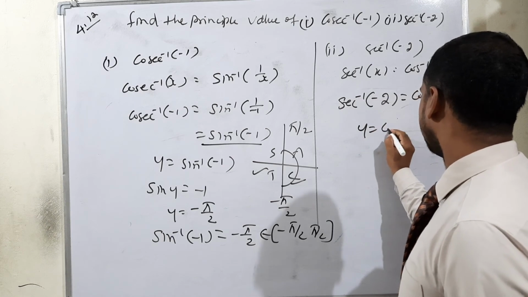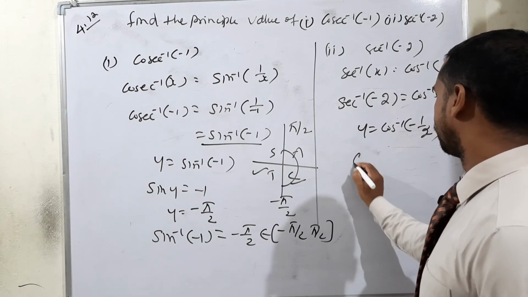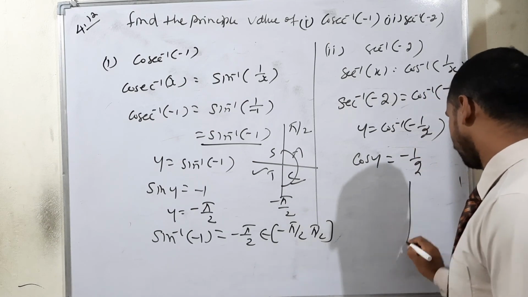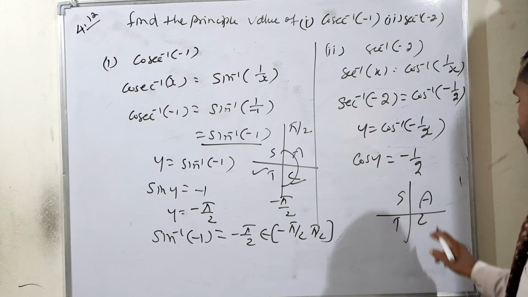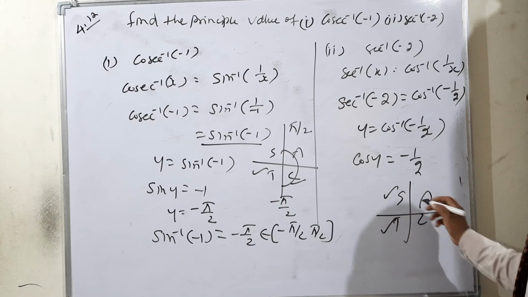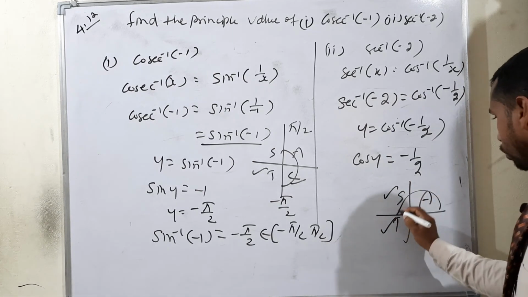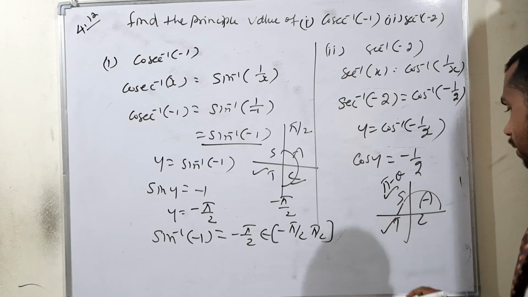Consider y equal to cos inverse of minus 1 by 2, which means cos y is equal to negative 1 by 2. According to the unit circle, all silver tea cups, cos is negative in the second and third quadrants. The range of cos is 0 to pi, so we check the second quadrant, which is considered as pi minus theta.